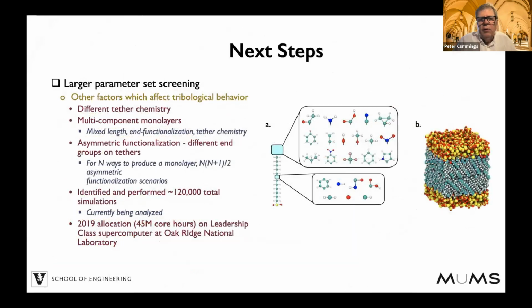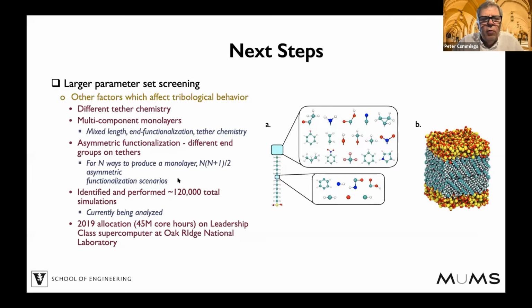So we found that really great, that we learned something that we could understand in the end from a chemical point of view. We've been looking at other aspects, different tether chemistry, looking at monolayers, which are mixtures, asymmetric functionalization, which we've done using the MoSDeF tools and the SIGNAC.